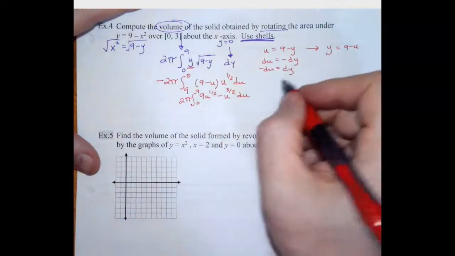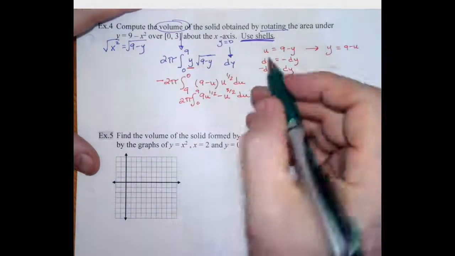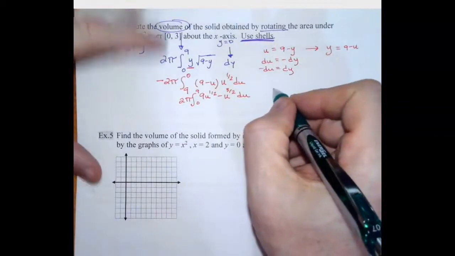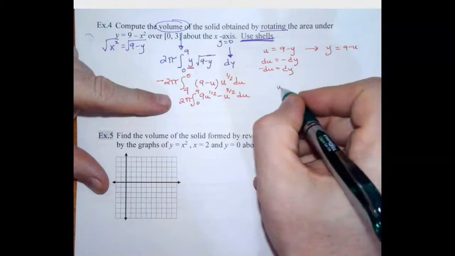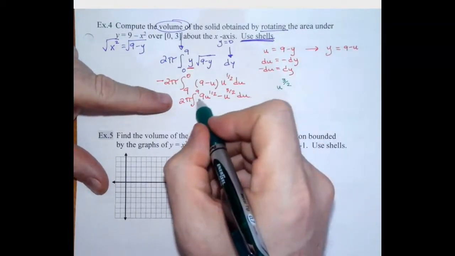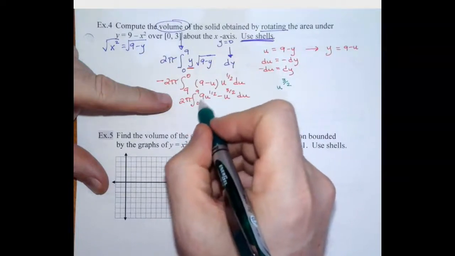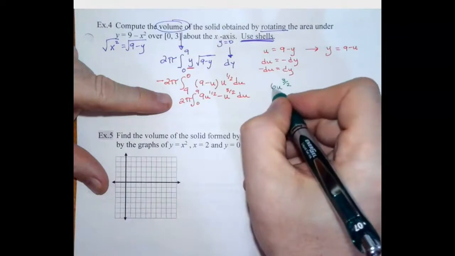So if we integrate that, add 1 to the exponent, so that would be 3/2, and then divide by the new exponent, so it'll be multiplied by 2/3. So if I multiply this by 2/3, 9 over 3 is 3, and 3 times 2 would be 6.